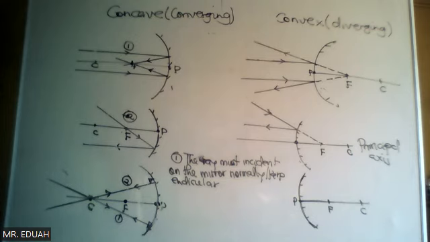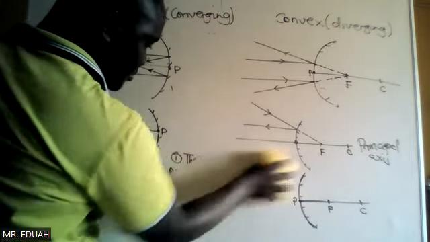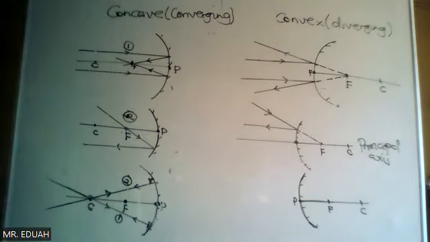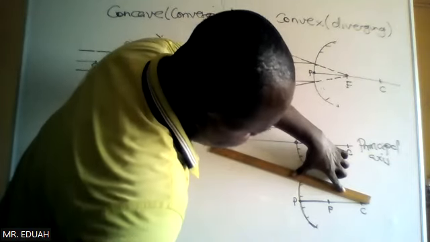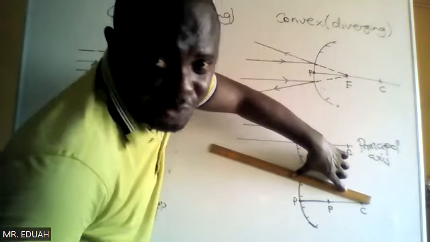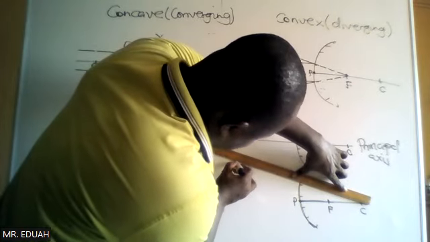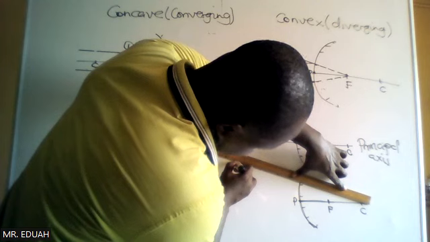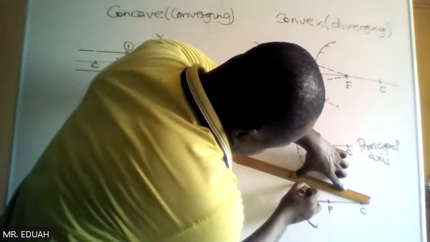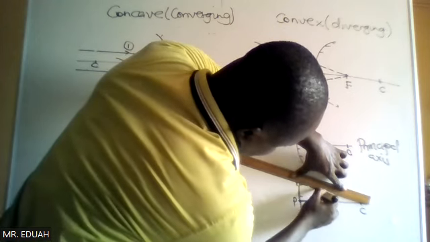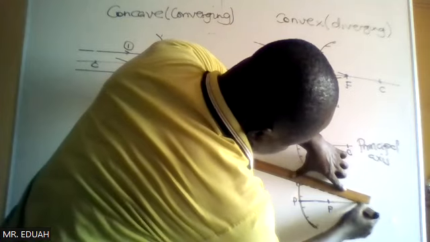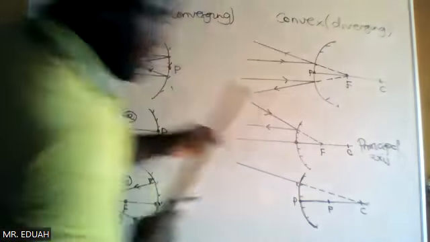Okay, so let's see how that also applies to the convex mirror. So the major condition is that the ray, irrespective of wherever it is coming from, must hit the mirror at 90. So if the ray hits the mirror at 90, it will appear to be passing through a point on the principal axis.